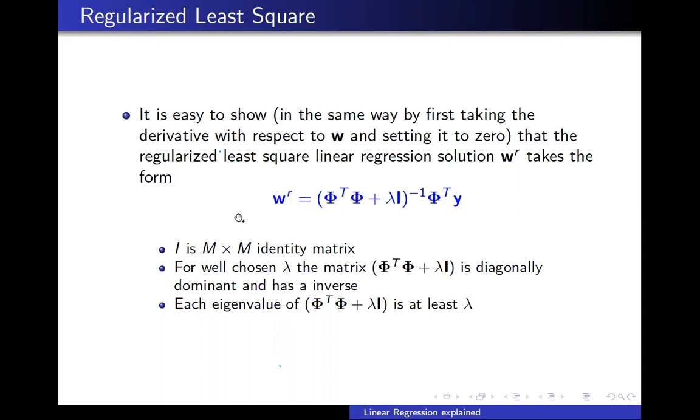By adding these quantities, you are making sure that each of the eigenvalues of this matrix, phi transpose phi plus lambda I, is at least lambda. So if the original eigenvalues of phi transpose phi are 0, by adding this term you are converting those eigenvalues to lambda, making a singular matrix non-singular so that you can take the inverse.